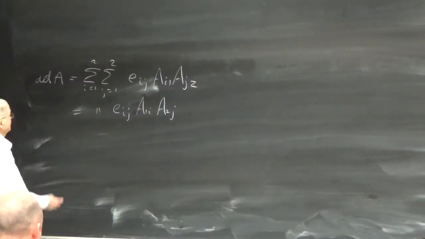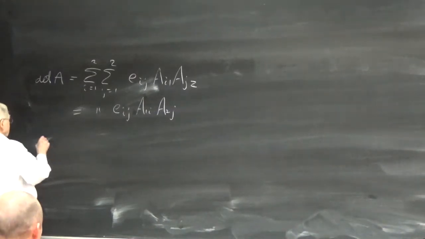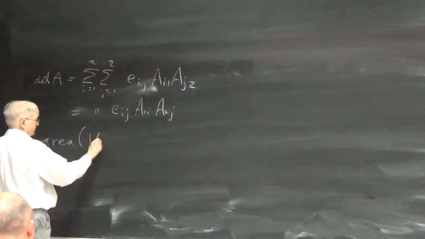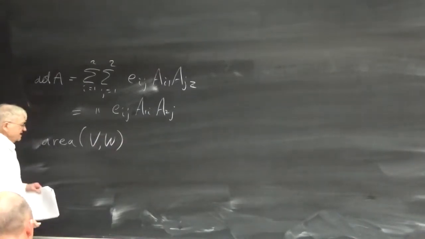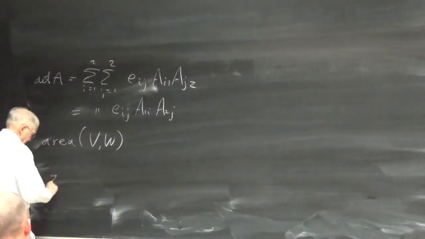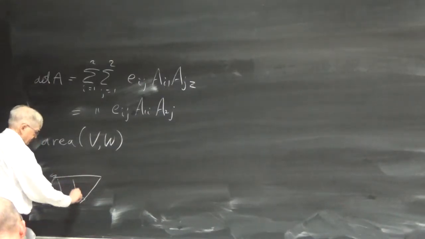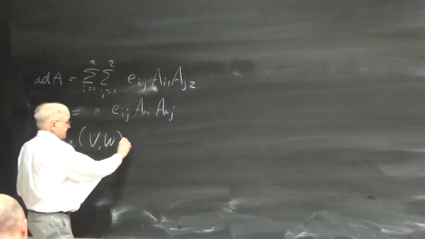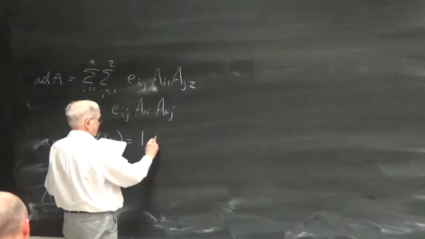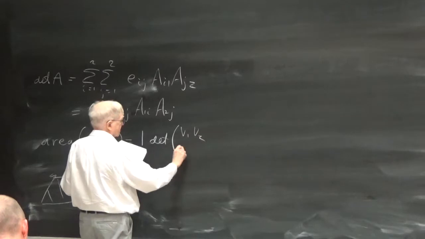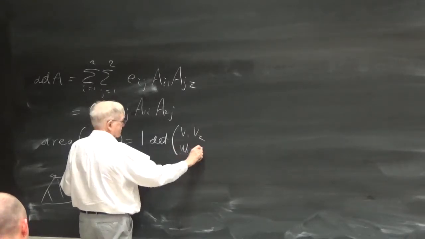One thing that I will mention is that if you have two vectors, the area of the parallelogram is the absolute value of the 2 by 2 determinant, which is V1, V2, W1, W2.